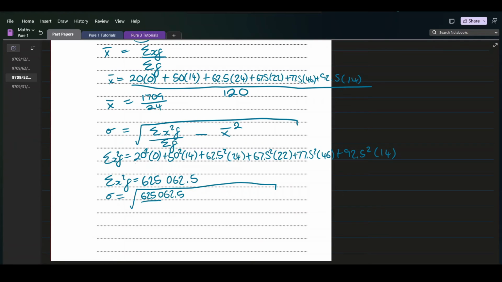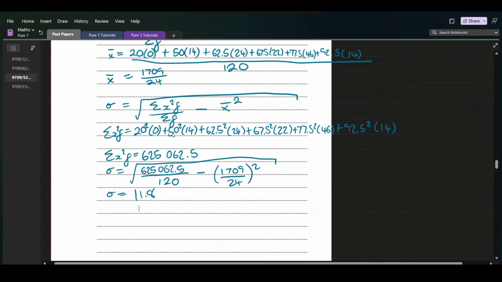So that's 625,062.5 over our total cumulative frequency, which is 120, minus the mean squared, 1709 over 24, and this is squared. So sigma is equal to, let's punch this into a calculator, 625,062.5 over 120 minus 1709 over 24 squared, and that gives us 11.8, correct to 3 decimal places.